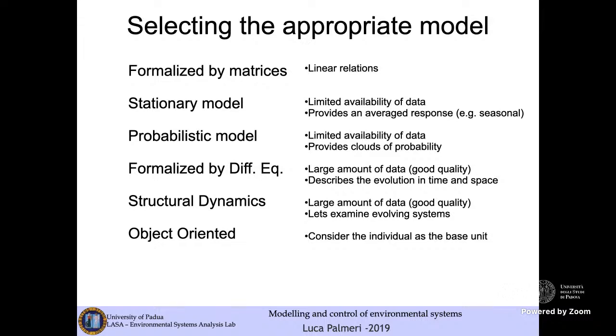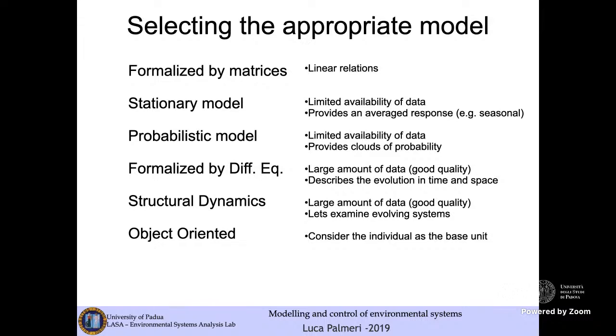Okay, you can formalize your model by matrices if you're happy with linear relationships. So if you accept that you will describe the relationships between state variables with linear models.